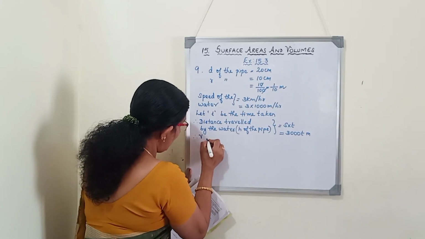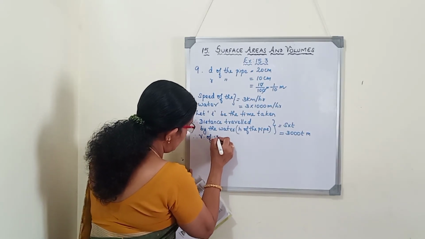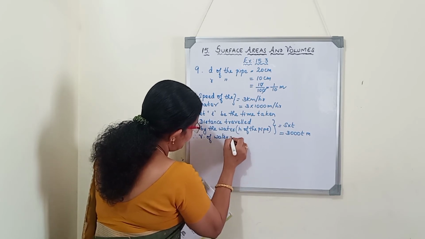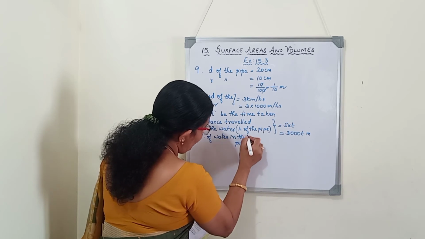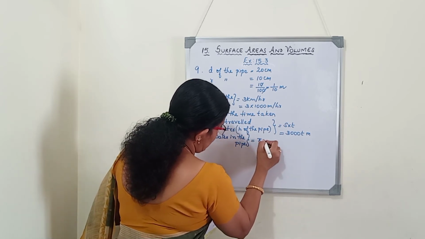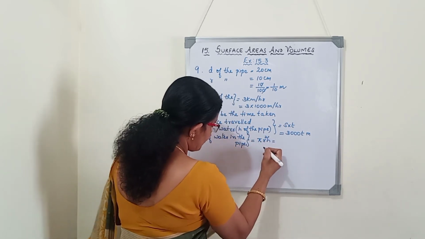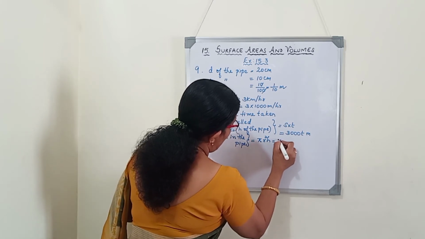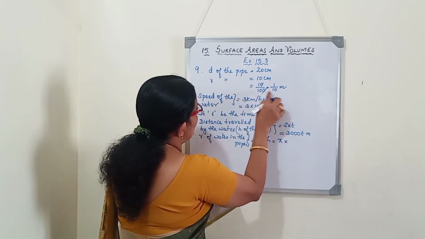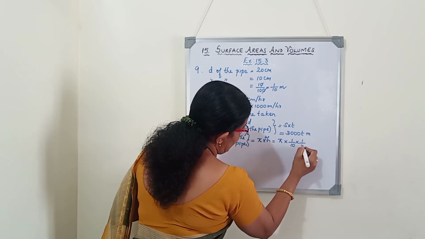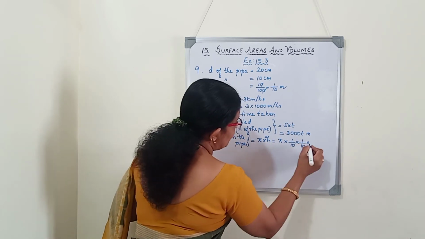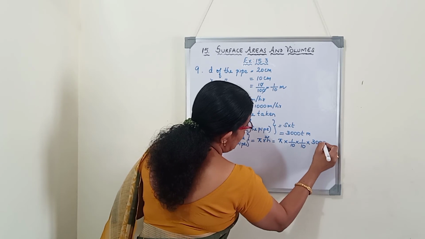Therefore volume of the pipe, volume of water in the pipe, is equal to volume of a cylinder, pi r square h. So pi into radius 1 by 10 the whole square, or 1 by 10 into 1 by 10, I'll write, into height of the pipe which is 3000 T.